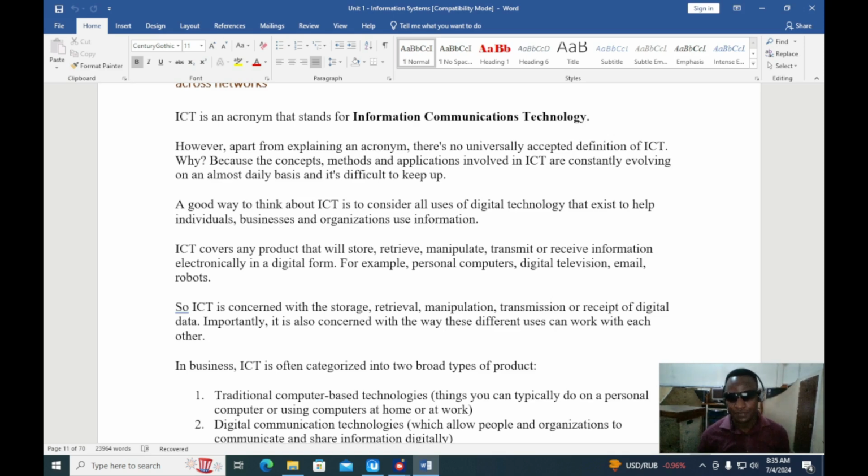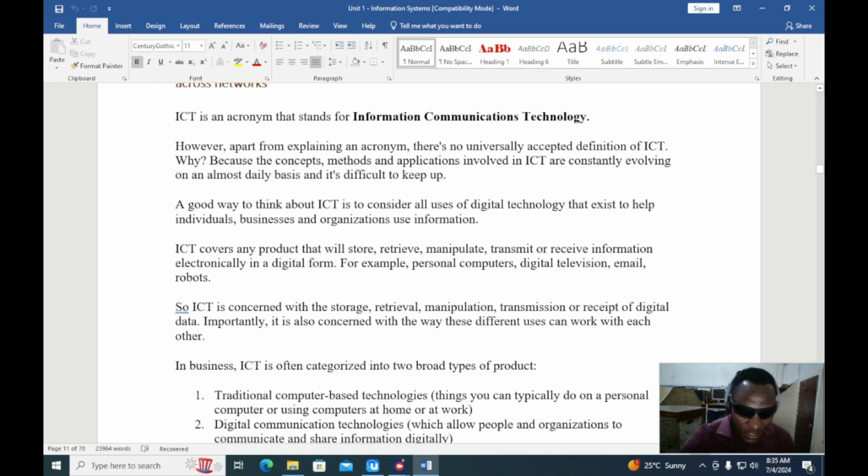Importantly, it is also concerned with the way the different uses of ICT can work together. How can storage, retrieval, manipulation, and transmission work with each other?